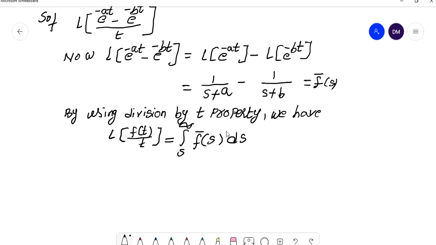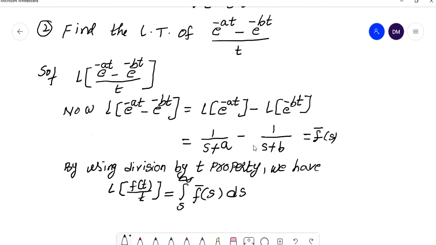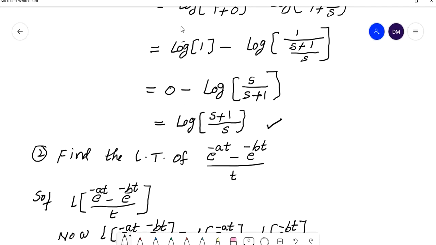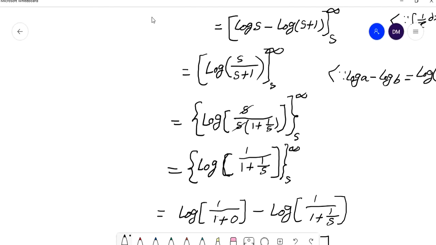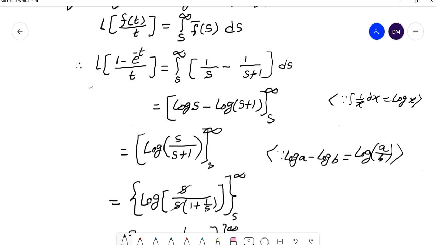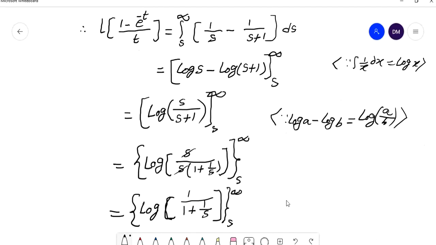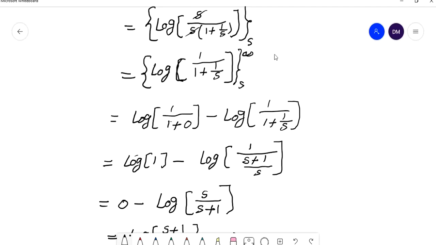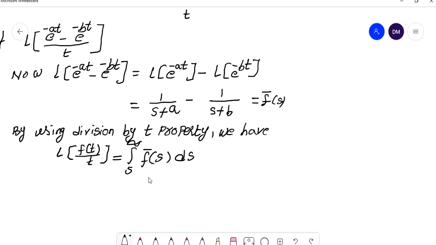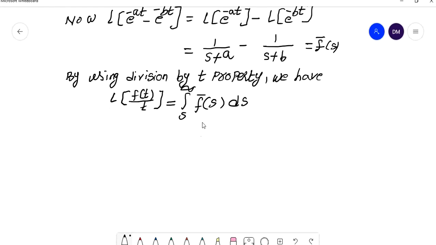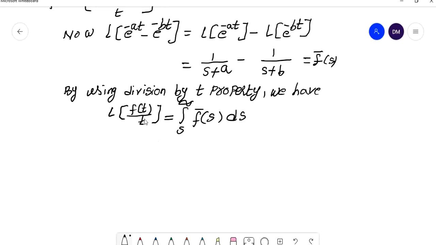See here, what is f of t here? e power minus at minus e power minus bt.